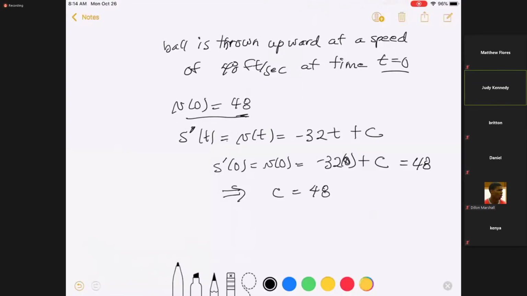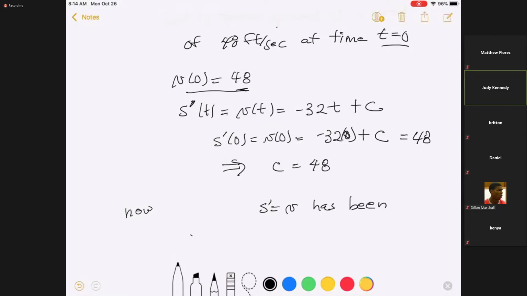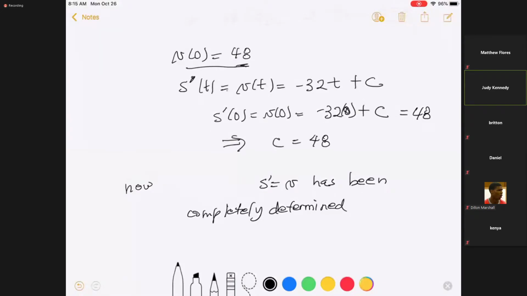So now we've completely determined s prime, the velocity. s prime of t, equal to v of t, is minus 32t plus 48.